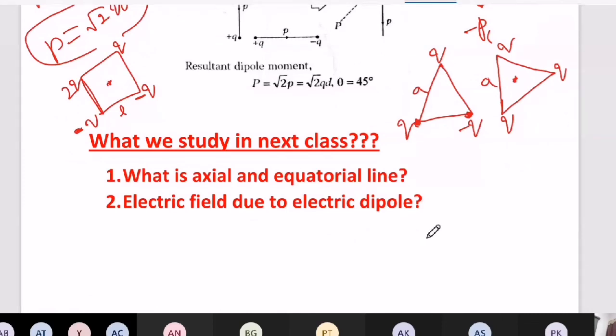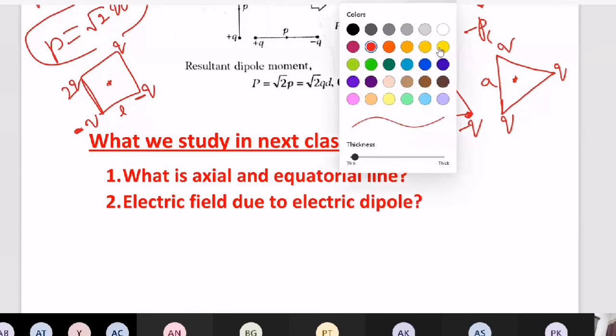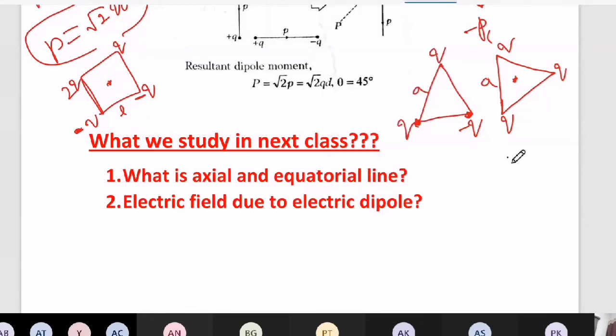And finally, what we will study in the coming class. In the coming class we are going to study what the axial and equatorial lines related to an electric dipole are, and what the electric field due to an electric dipole on the axial line and equatorial line is.